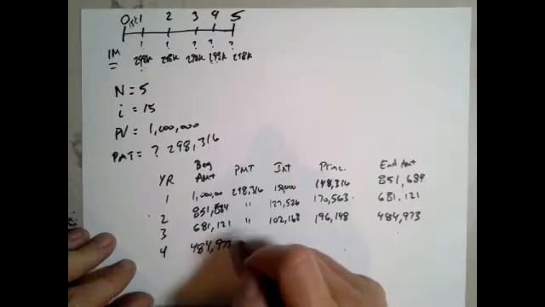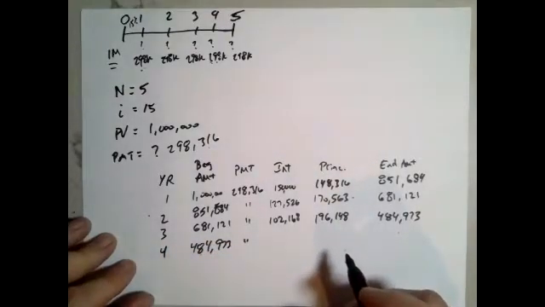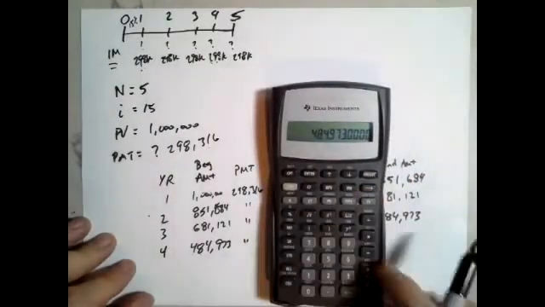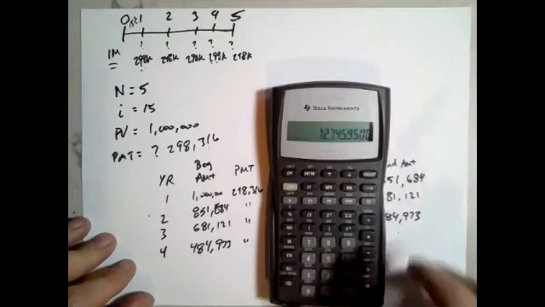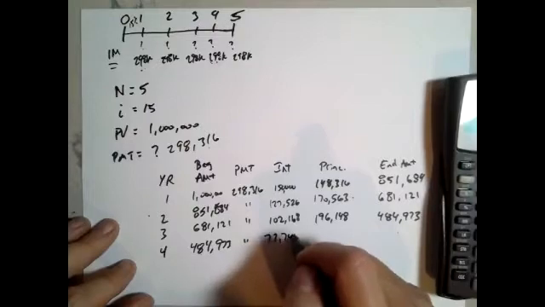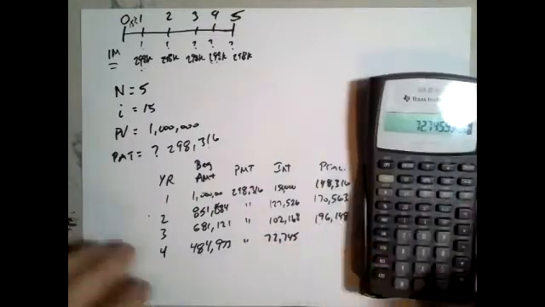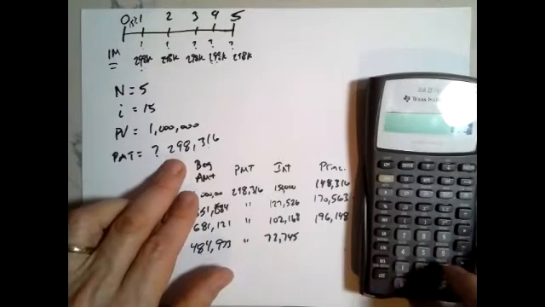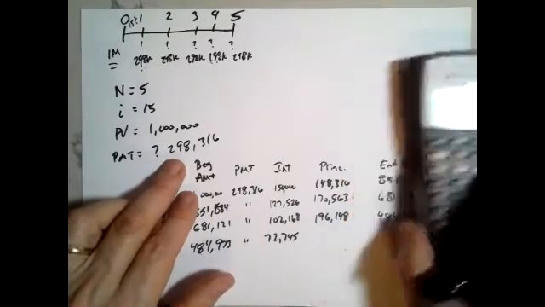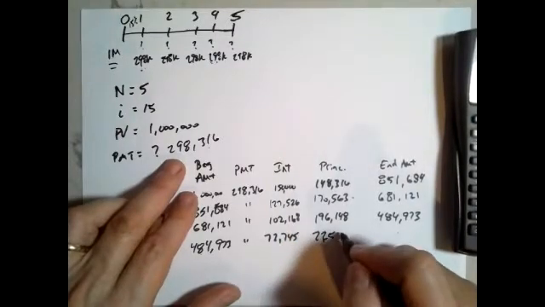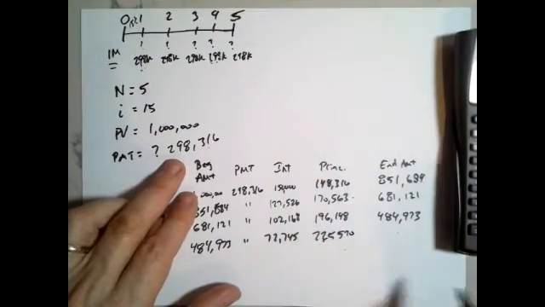So we'll bring that end amount back down to make it the beginning amount for the next period. Same payment. How much interest are we paying? Well, 484,973 times 0.15 gives us 72,745. So if we subtract that from our 298,316, that tells us that this time we're paying 225,570 in principal.